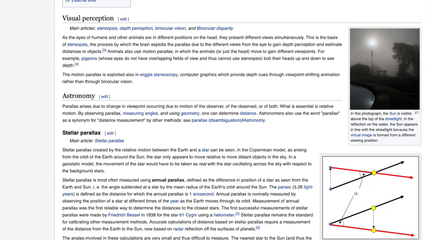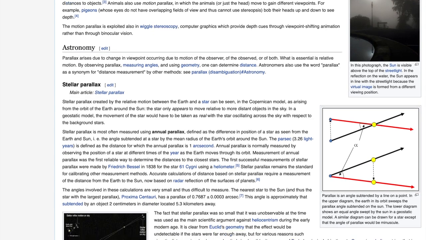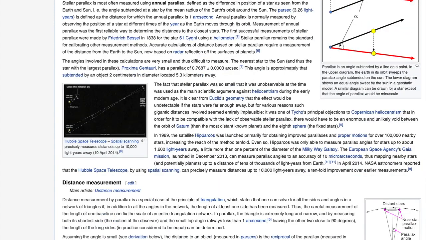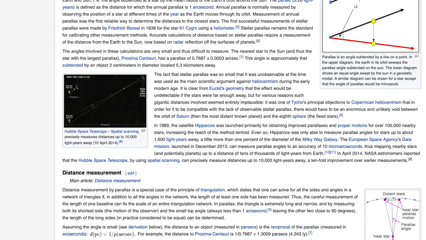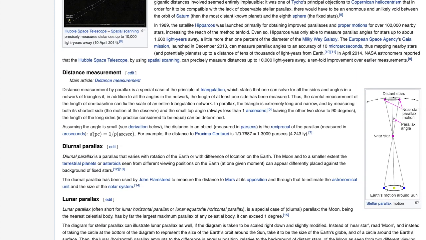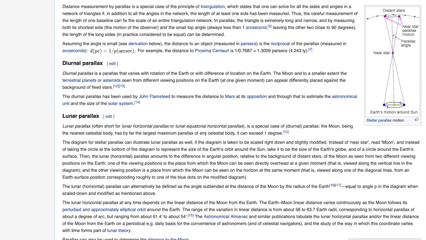You should browse it and read more about parallax used in astronomy, looking for stellar parallax, the challenges, the history, how they've tried to determine the distances in the solar system. Very, very interesting. But all throughout this article, you will see that they mention the stars.